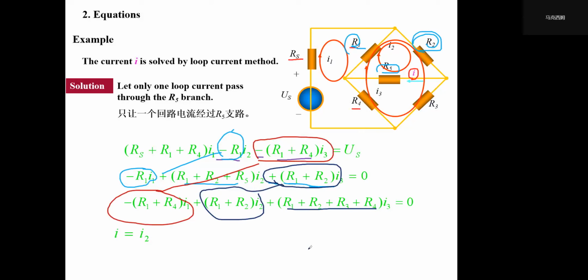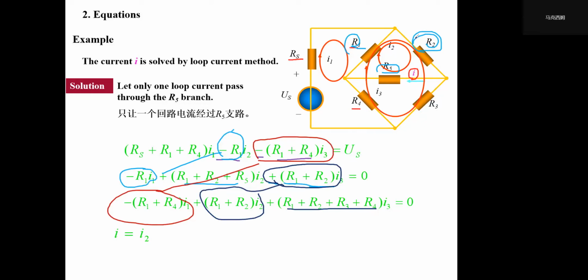I equals I2. So by selecting this current cunningly, we avoid calculating I2 or I using a combination of two meshes. So this method is a more general form of the mesh current method.